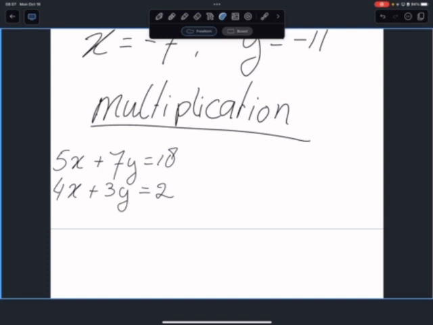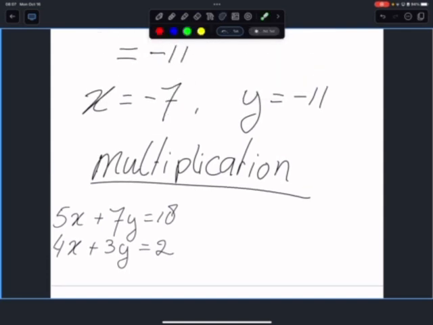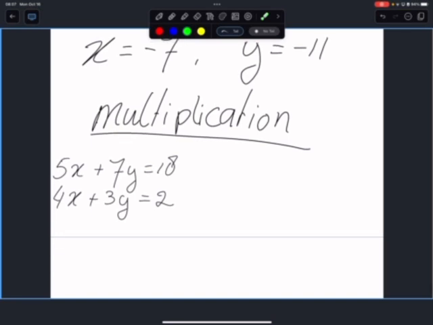If you notice this particular one, it's not like the first or the second one. You cannot subtract something because if you subtract, you will always stay with a variable. 5 minus 4 is still x, and 7 minus 3 is still 4y.